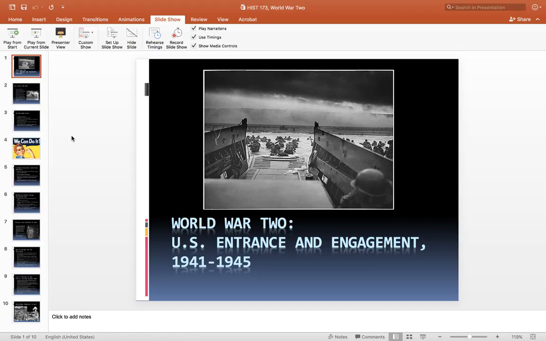And just like this very famous picture here of this landing unit coming on to the beach here in Normandy on D-Day, one of the most famous days of the war and one of the most famous moments in all of American history, the landing of American troops along with troops from other nations as well to fight the Germans in the north of France in June of 1944.